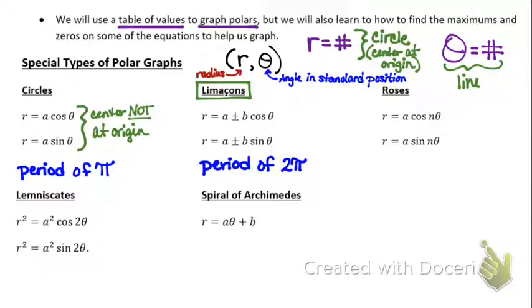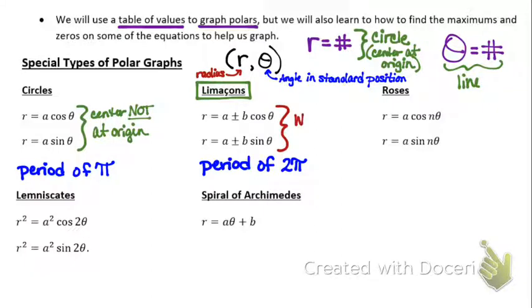Talk to me about similarities and differences in the equations between circles and limaçons. What do you notice about the way the equations are different between the circles and the limaçons? The limaçons have a plus, and then it's b times instead of a times.